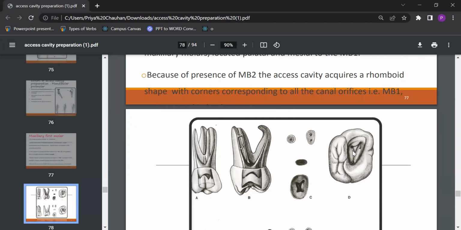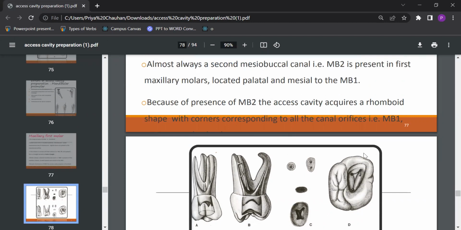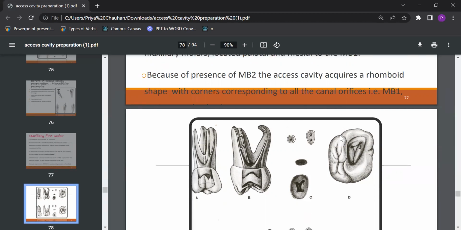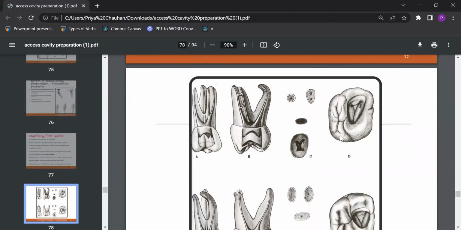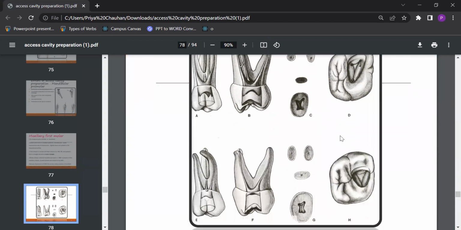Okay. This is MB1, MB2. So because of the presence of MB2, the access cavity requires a rhomboid shape to correspond to all the canal orifices including MB1. See the diagram.